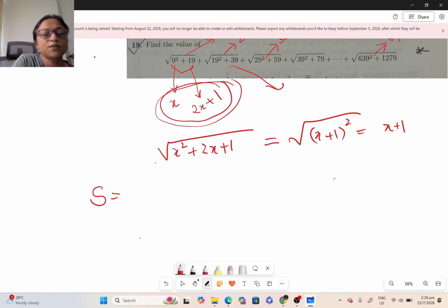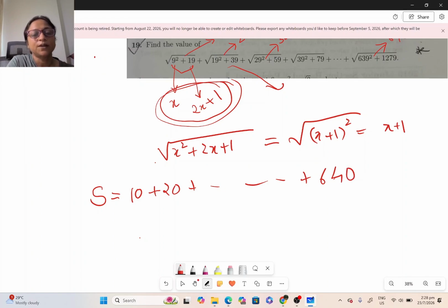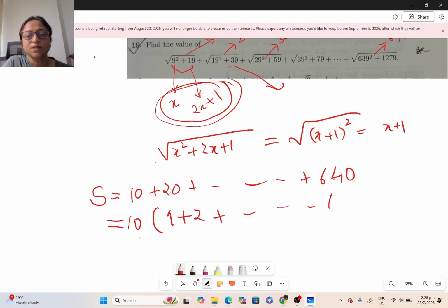Now we have to just find 10 plus 20, and so on till 640. Right? So how do we go about it? Just take a 10 common just to make it simpler. So it's 1 plus 2 plus up till 64. Correct?